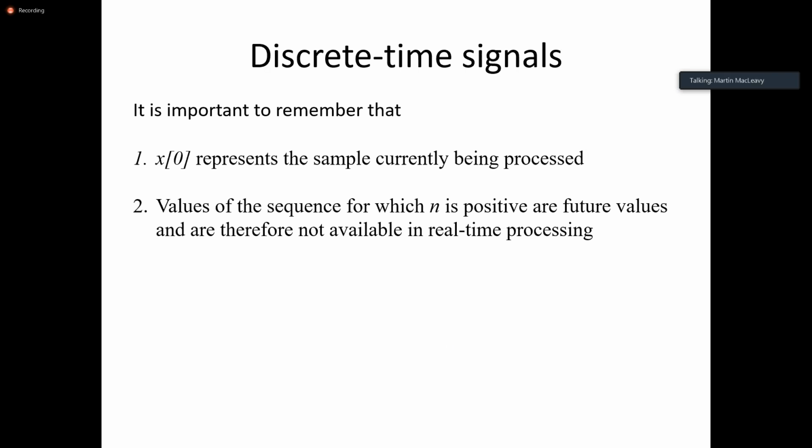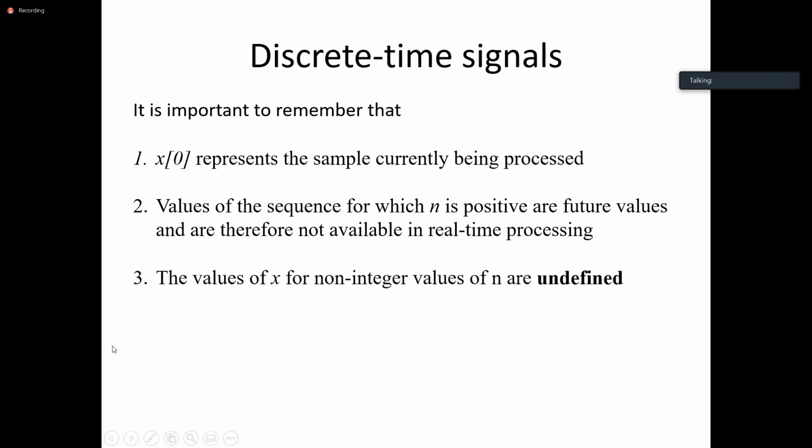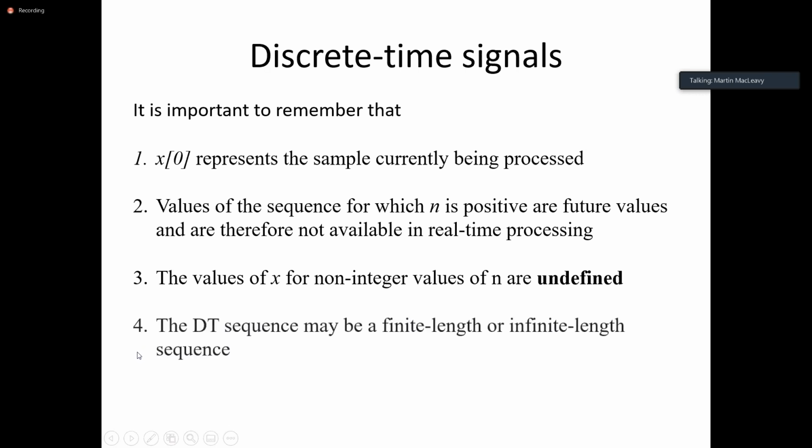Right, so values of the sequence for which n is positive are future values and really not available in real-time processing. In other words, we don't know what will be coming in the next minutes or seconds and so on. Again, we're repeating some of what was already said. The values of x for non-integer values are undefined. It's not really that they don't exist, but we don't need to know them right now.